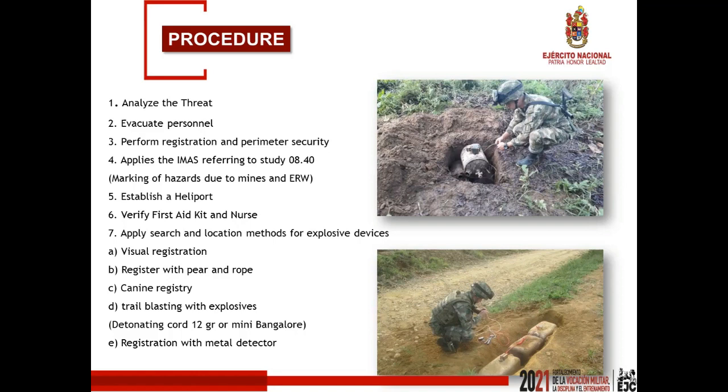Apply search and location methods for explosive devices, like visual registration with the company lenses or binoculars. After that, register with pair and rope. After that, canine register or register with the canine.